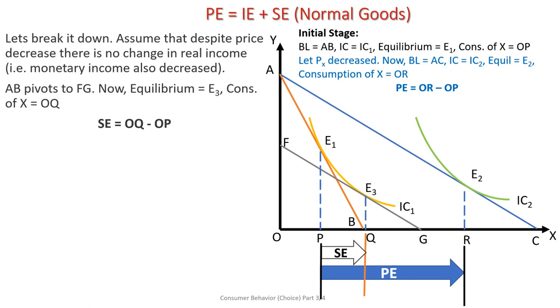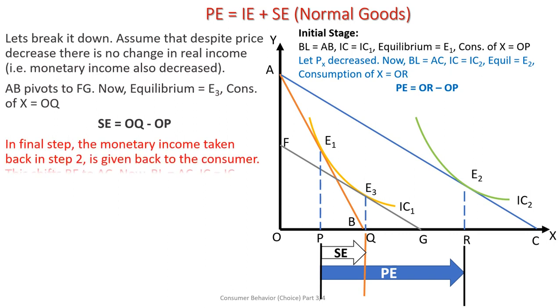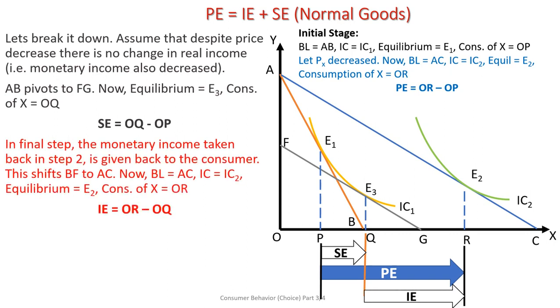Now, in the final step, let's assume that the monetary income taken back in step 2 is given back to the consumer. This shifts the budget line to AC. The consumer will move to IC2, equilibrium will be at E2, and the consumption of commodity X will be OR.